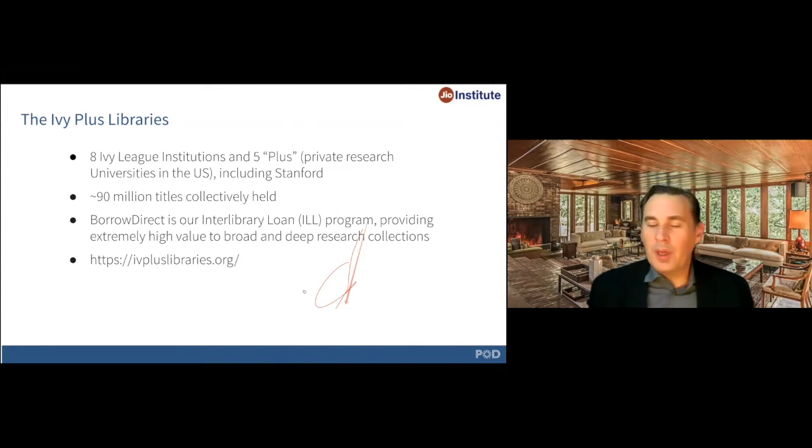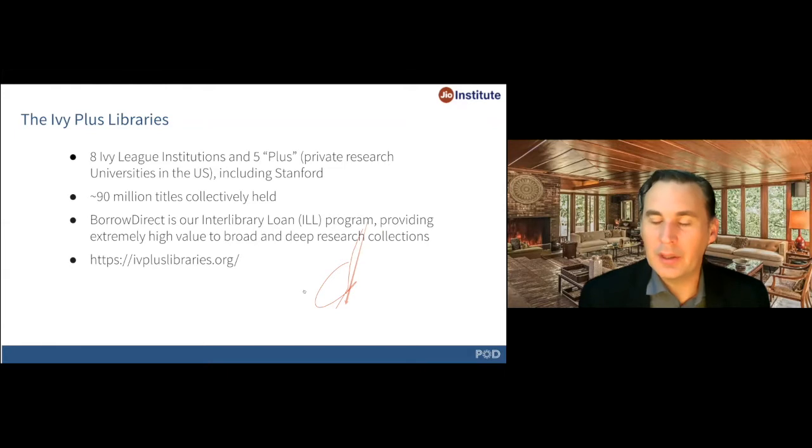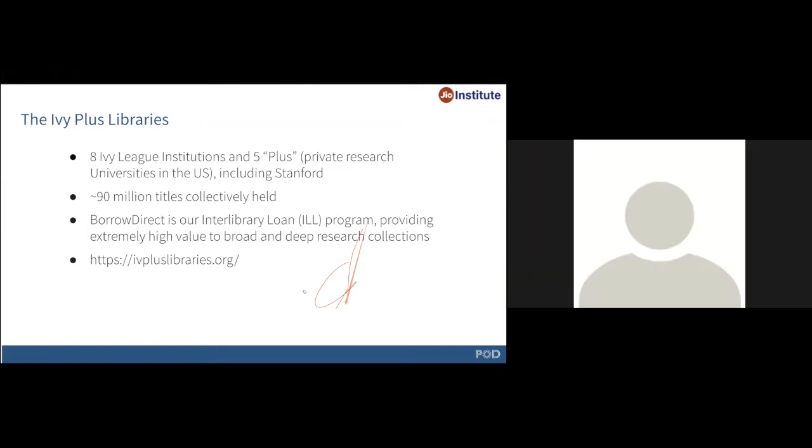So you may be familiar in the United States with the Ivy Plus. So these are the 8 traditional Ivy League schools in the East Coast. So Harvard, Yale, Princeton, Dartmouth, Columbia, Cornell, Penn, and I've forgotten one.